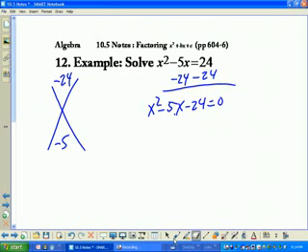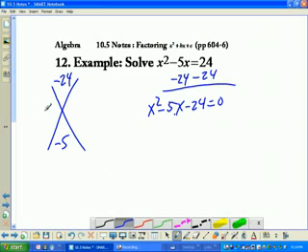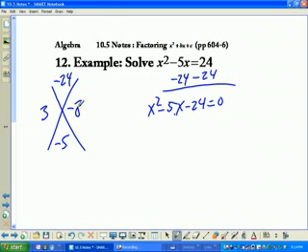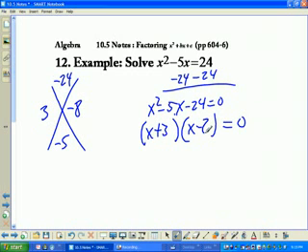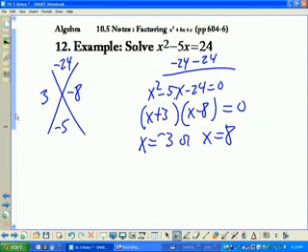I know 1 and 24 aren't going to work, so here we go. How about 3 and negative 8? That adds to a negative 5. So in other words, I factor this. I get x plus 3 times x minus 8. Now, since they equal 0, I know x equals negative 3 or x equals positive 8, and I'm done.